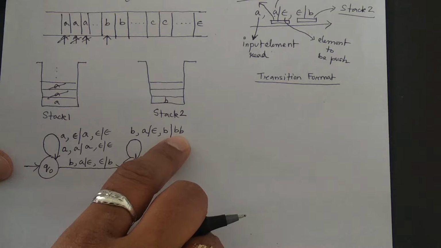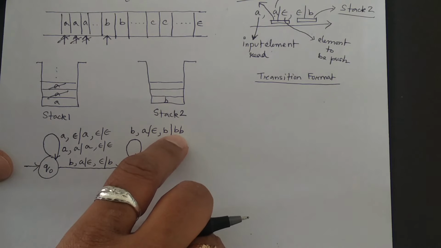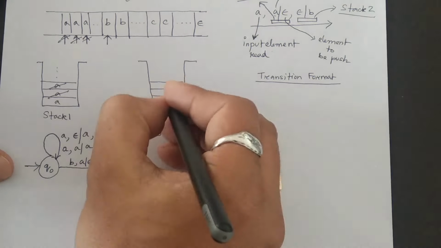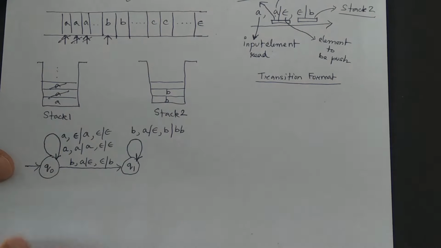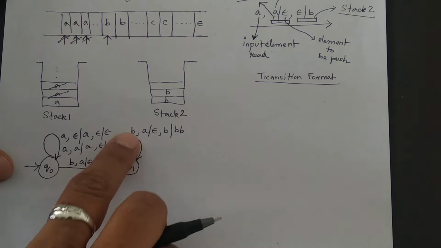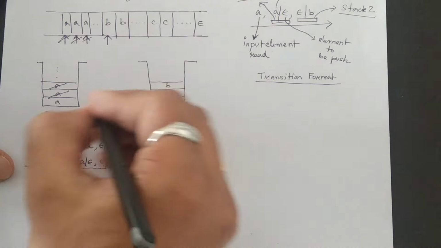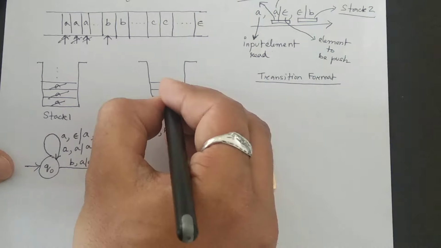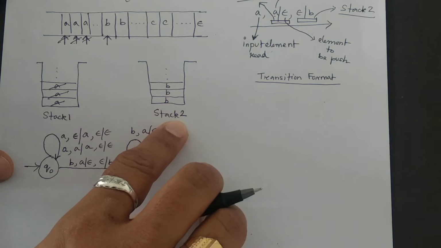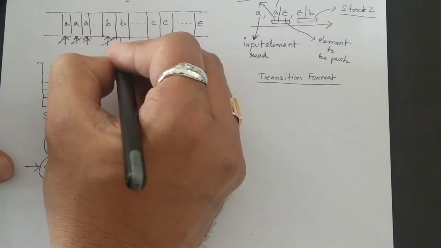It depends on you, you can also mention only a single B. This means B is pushed and A is popped. Clear? So this will act as a self loop. All the B's will act like this. So like this the entire operation will be done in stack number 2. That means all the B's will be read.